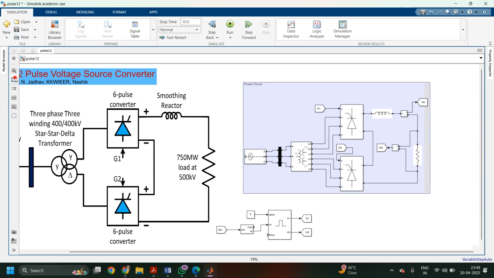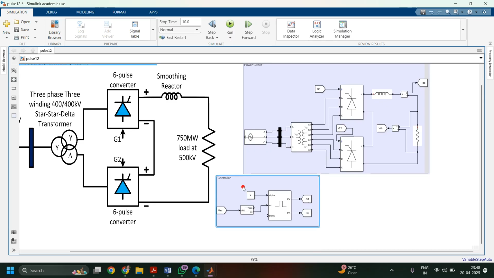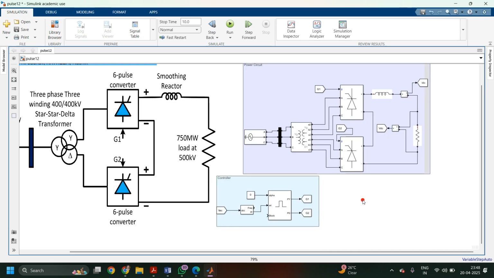Next, the second area is our controller. If you want, you can change the area color also.